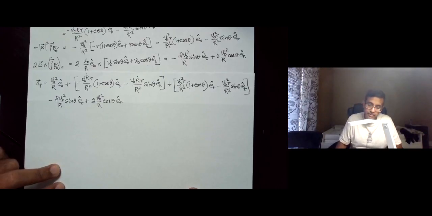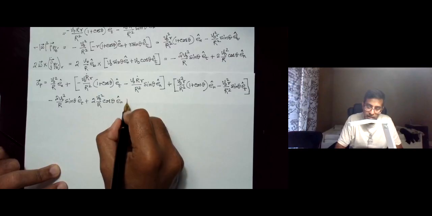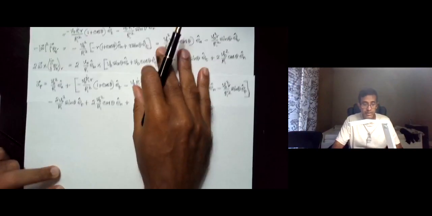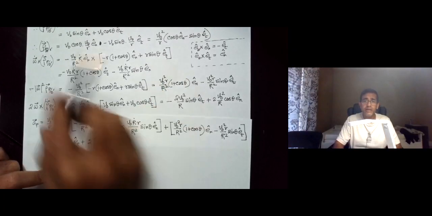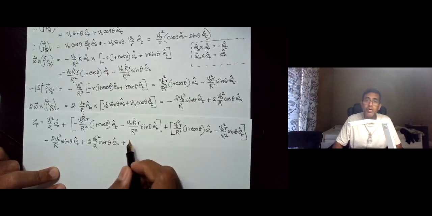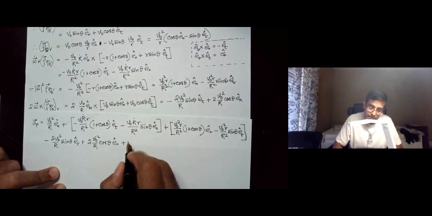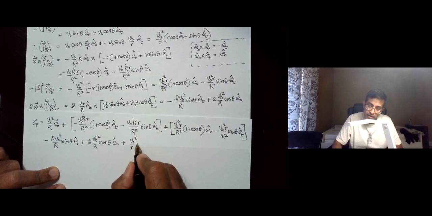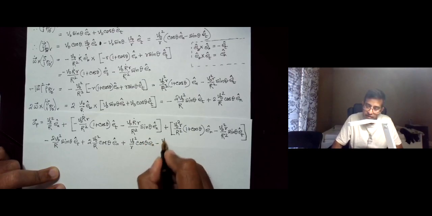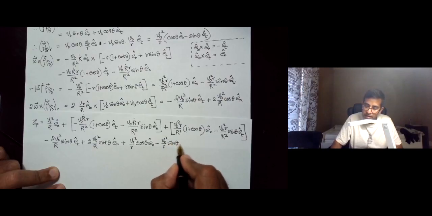So we have that, and then finally we have to incorporate this rho double dot P with respect to O prime. We have the expression for that as well. So V naught squared over R cosine theta En minus V naught squared over small r sine theta Et.